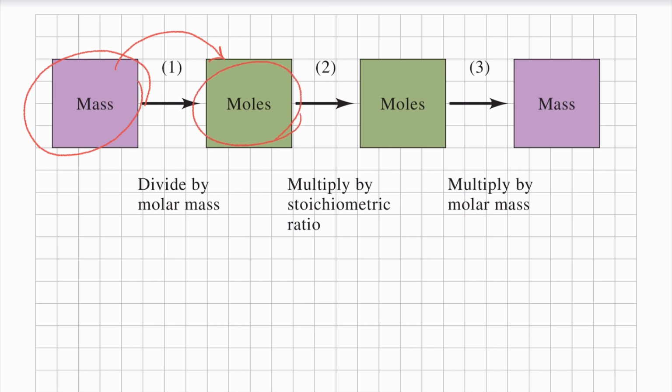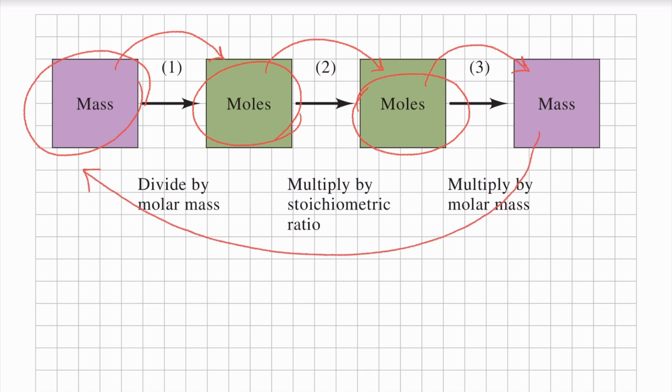And by knowing the moles of reactants, we can calculate the moles of the products. And by knowing the moles of the products, we can calculate the mass of the products. And this can be used vice versa, I mean, in the other direction. So by knowing this simple rule, we are going to do some stoichiometric problems together.